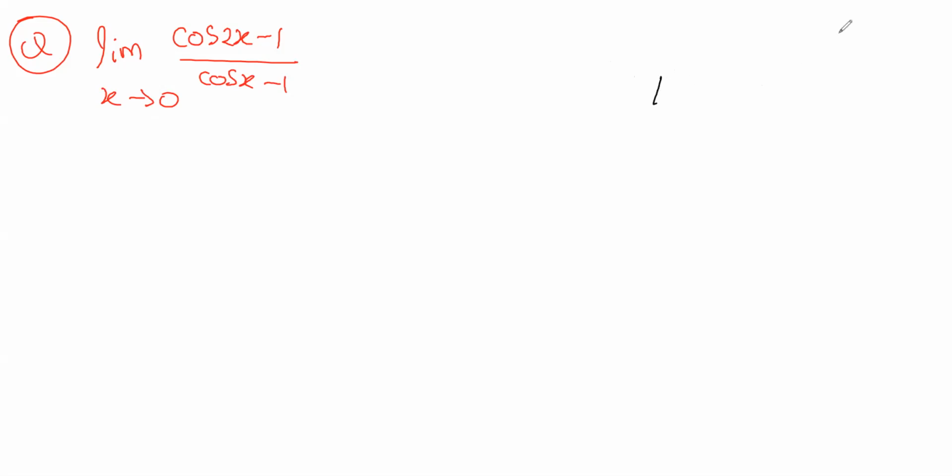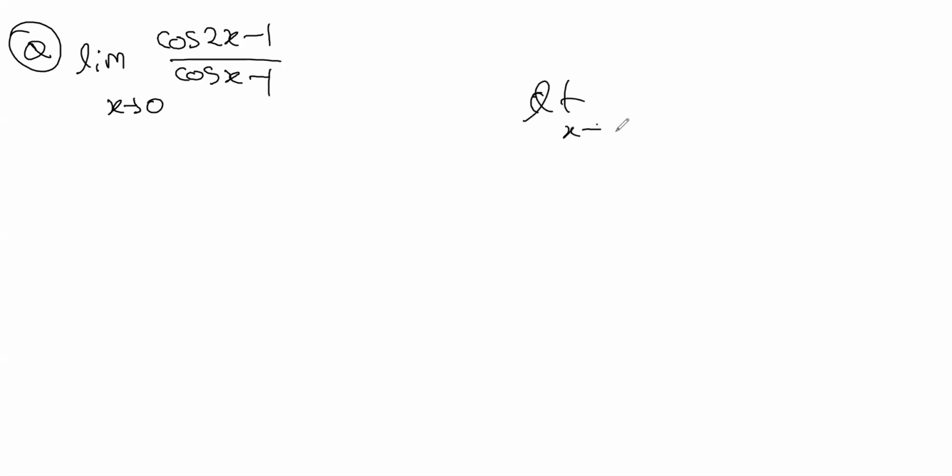Is it 1 plus cos x by x or 1 minus cos x by x? First think, then I will tell whether it is correct or not. You have to analyze how you are getting limit x tends to 0 sin x by x. When you substitute 0 over here, it is 0 by 0, an indeterminate form, that's why 1.